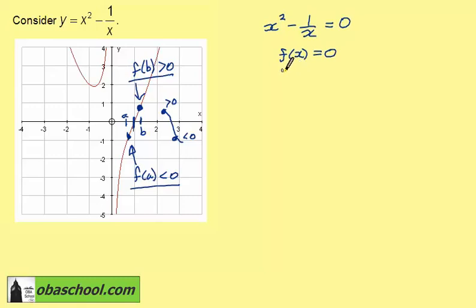With the simple iteration method, rather than considering f of x is 0, we rearrange to give x is equal to a different function of x.